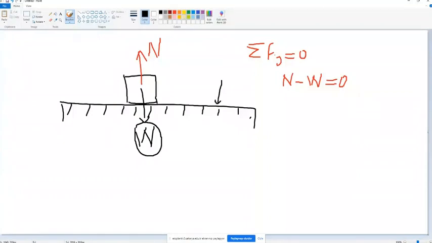Is this weight going to create something on the tabletop? It's going to deform it or not? If I add something, another force, we will have a friction force.